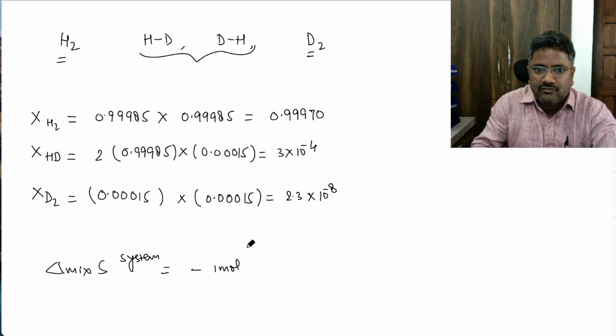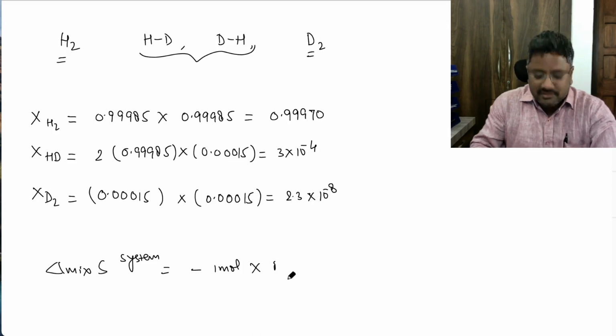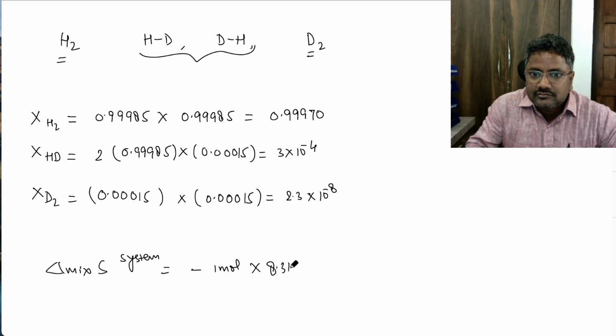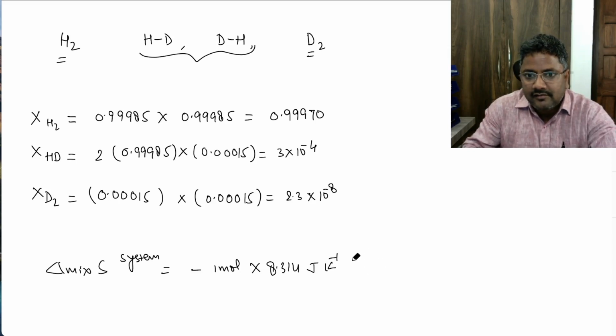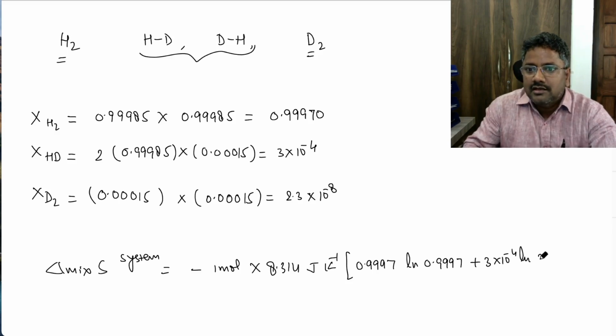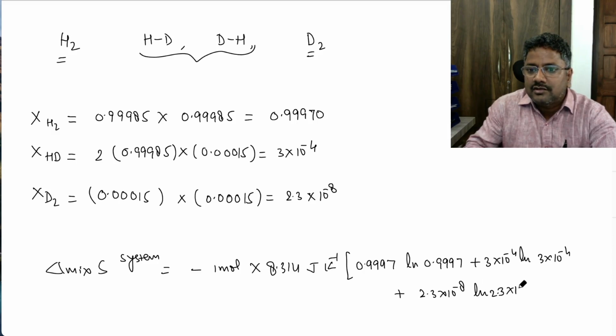We can take this as total 1, and R is 8.314 joules per Kelvin, and 0.9997 ln 0.9997 plus 3 into 10 power minus 4 ln 3 into 10 power minus 4 plus 2.3 into 10 power minus 8 ln 2.3 into 10 power minus 8.